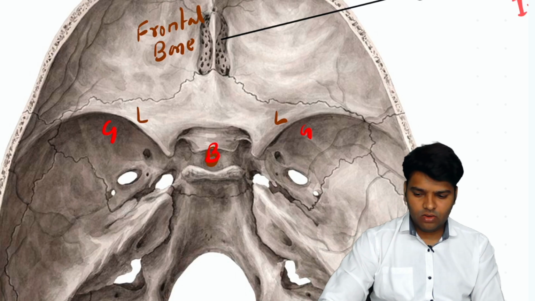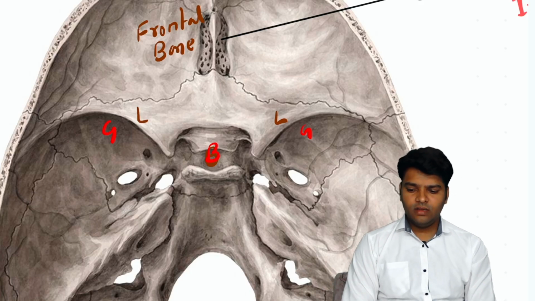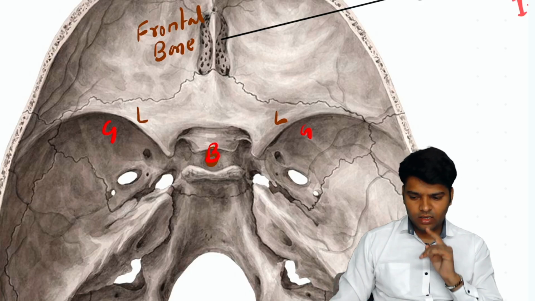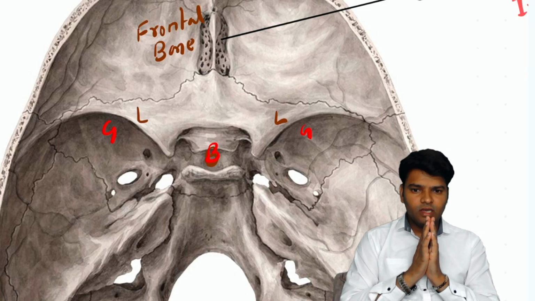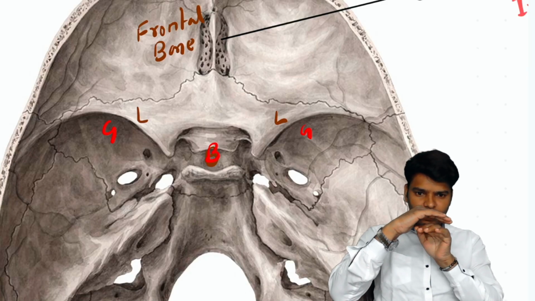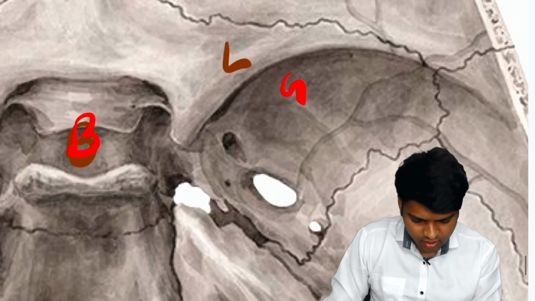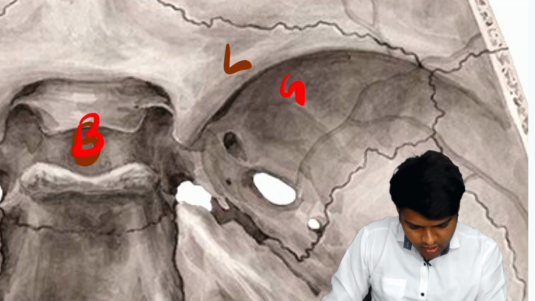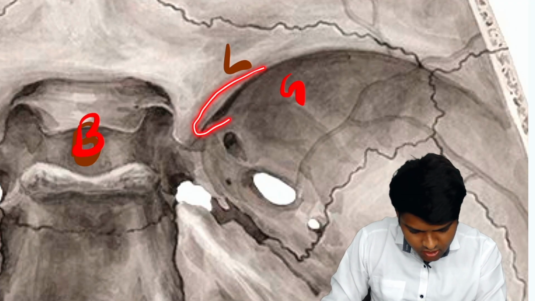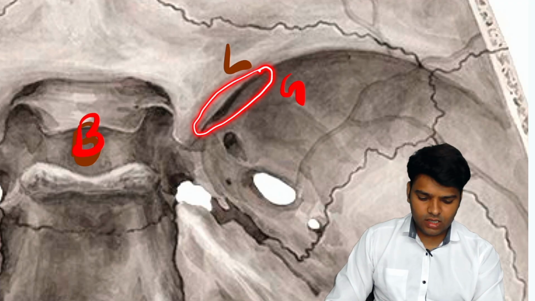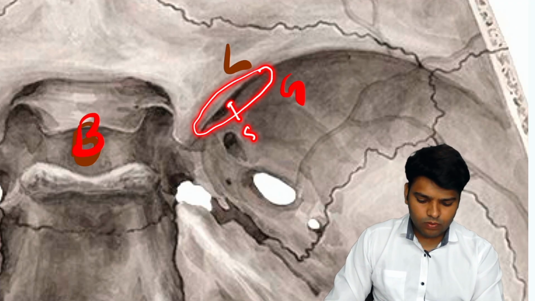Which opening? This opening is called the superior orbital fissure. I think you all are able to see this area. This opening is called the superior orbital fissure, okay.